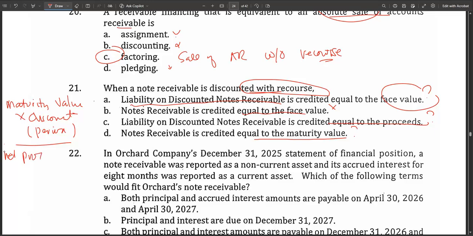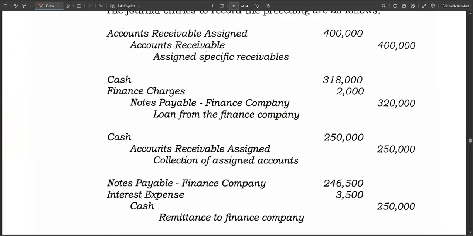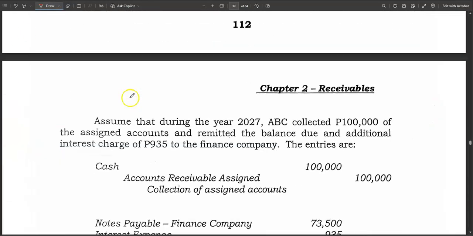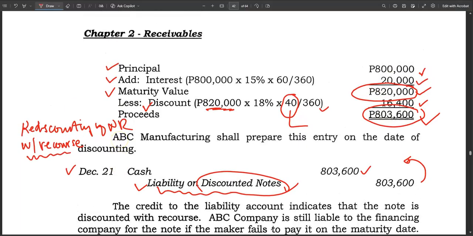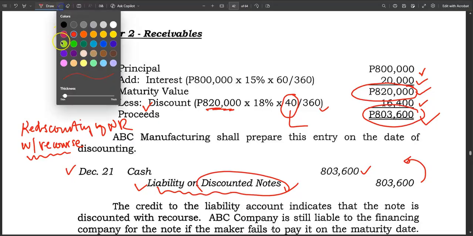The net proceeds will be the basis for the notes receivable discounted. If you try to go back to that area, you will see here that in computing the maturity value, we started at the principal.